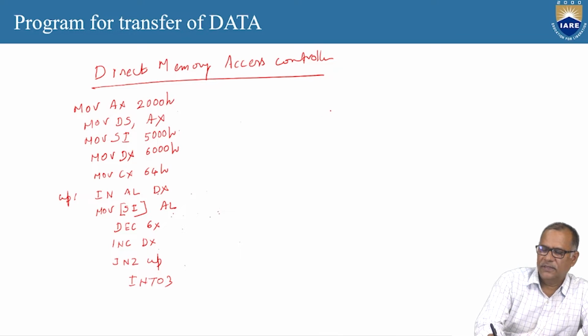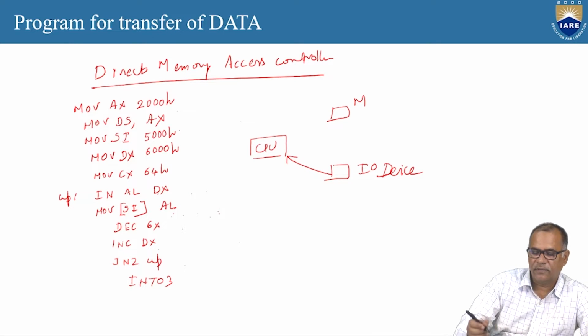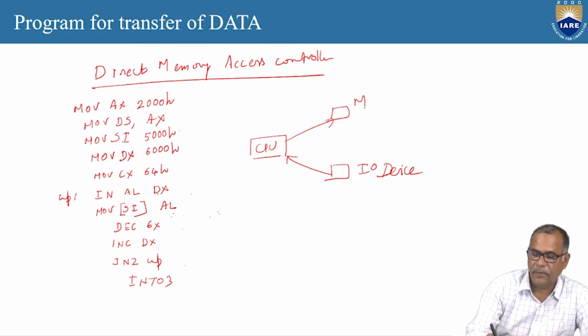So if this is the memory, and if this is the I/O device, and if this is the CPU, in this program what we have done is take the data inside the CPU, and from the CPU move the data to the memory.